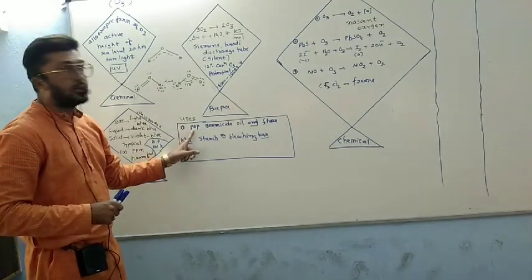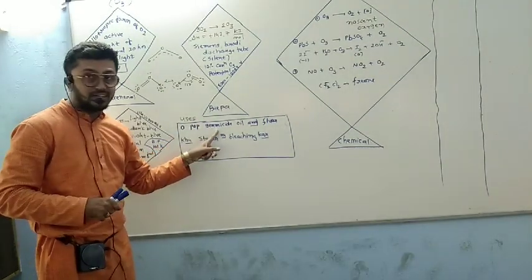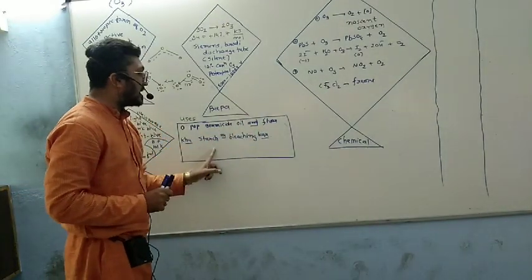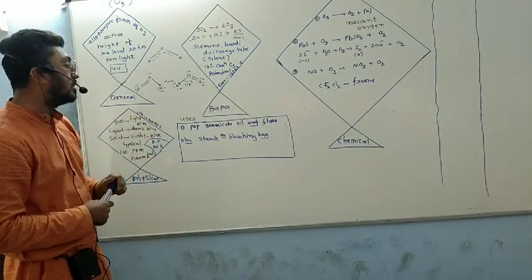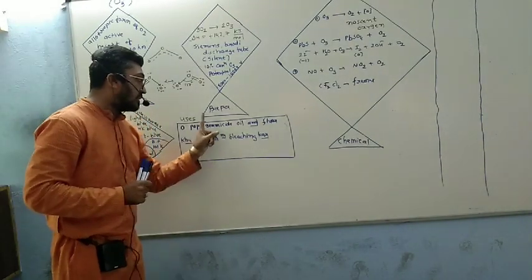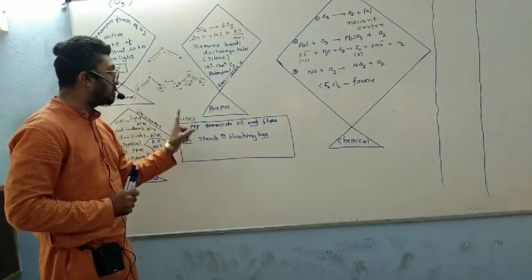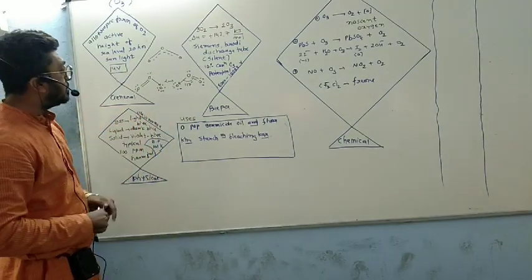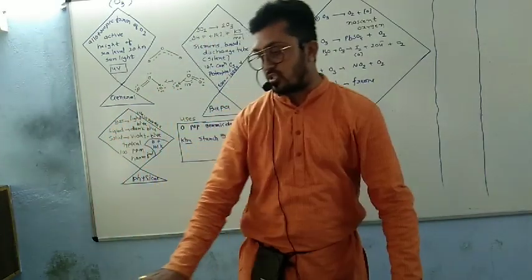It is used in the preparation of potassium permanganate, KMnO4. It is a germicide and disinfectant. It is used for the bleaching of oil, flour and starch. So all the information about ozone has come in front of you.